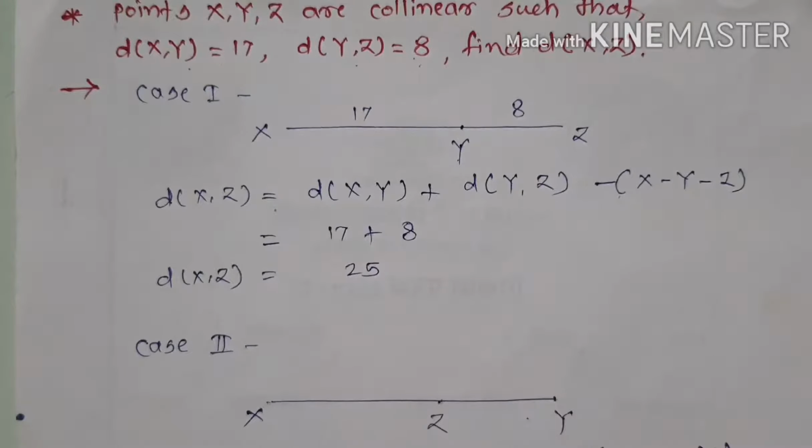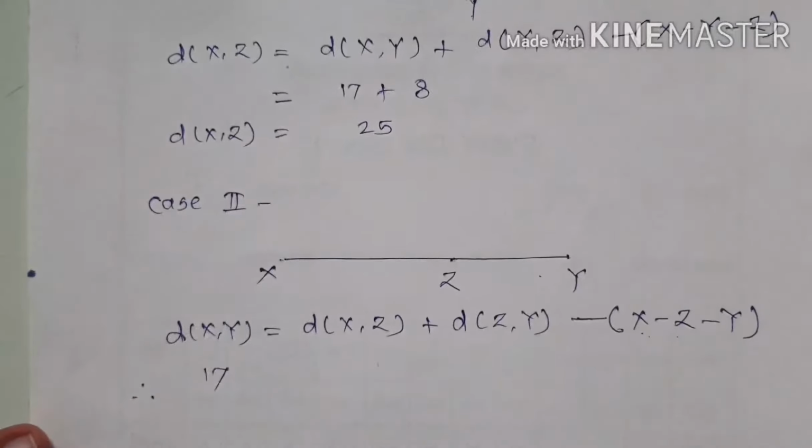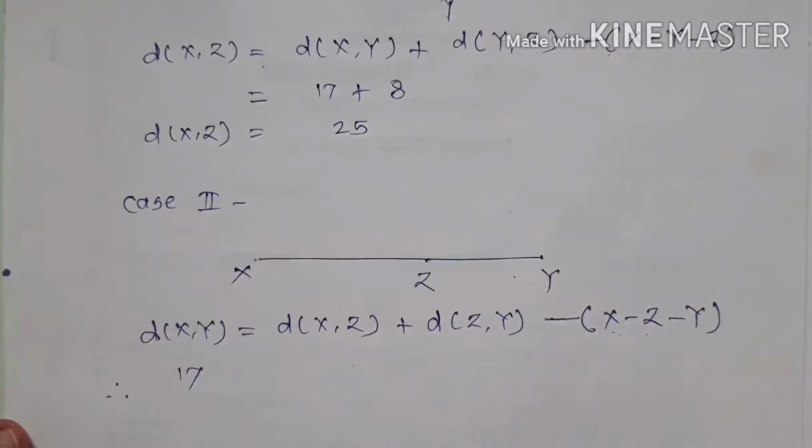If this is the case, then we can write that distance XY is equal to distance XZ plus distance ZY, as points X, Z and Y are collinear points, that is X-Z-Y. Now if we replace the distances, distance XY is given to be 17, which is equal to distance XZ, which we have to find, plus distance ZY, which is again given to be 8.